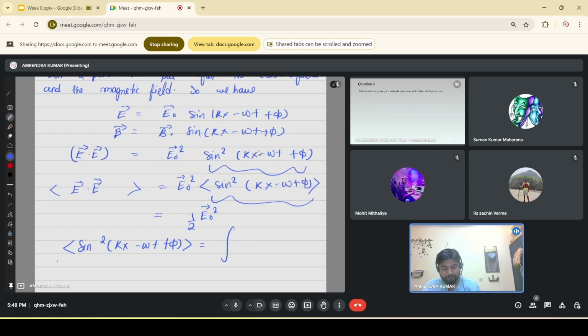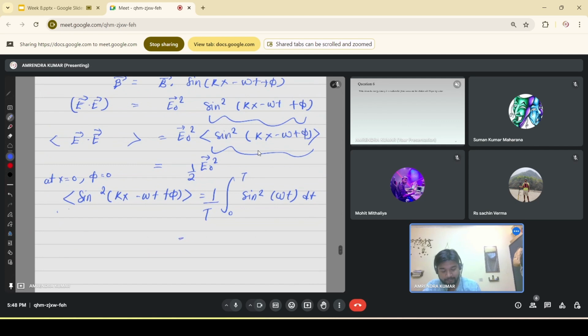Let's say at x is equal to 0, we have this, and let's say phi is also 0 for our convenience, so it's nothing but sine square omega t, and then we are taking the time average, dividing by the time and integrating between 0 to T. But we know that T is 2 pi by omega, so omega over 2 pi, and it goes from 0 to 2 pi by omega, sine square omega t into dt.